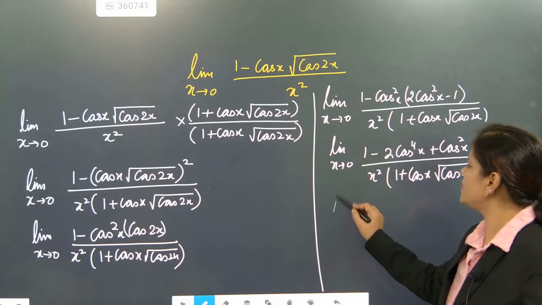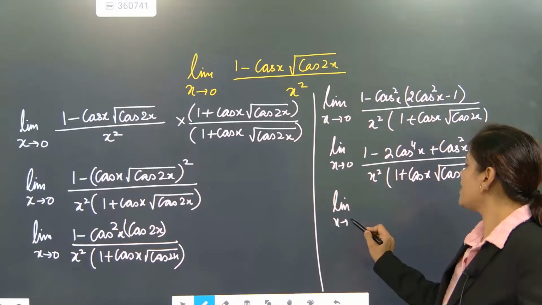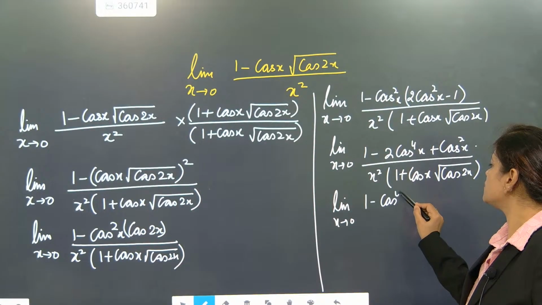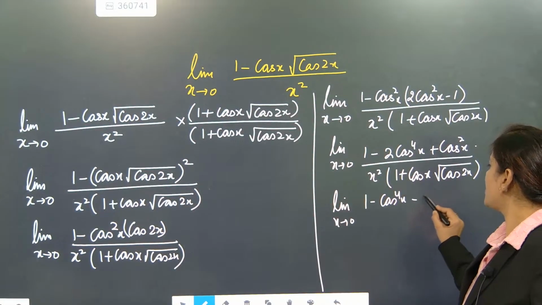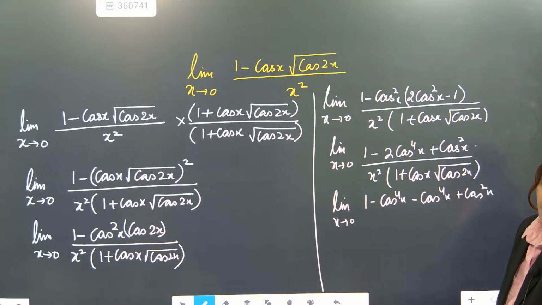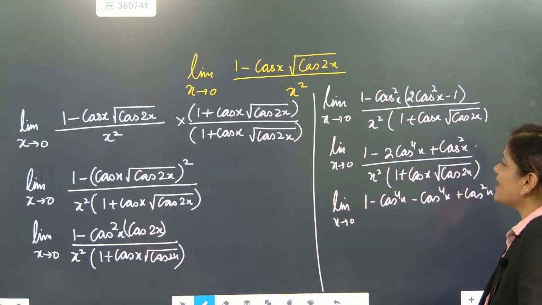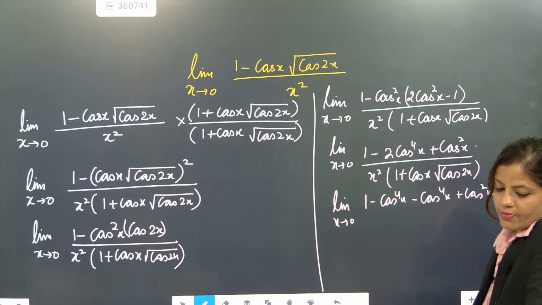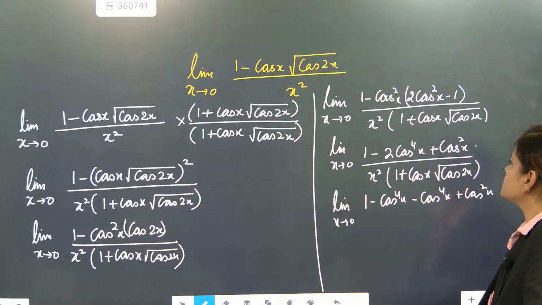So this part we need to now factorize. We have capability to factorize it. So it will become 1 minus cos 4x, okay, minus cos 4x plus cos square x. Can I write like this? Or can I directly write into another format? This is exactly going to work because I can take here 1 minus cos square x.